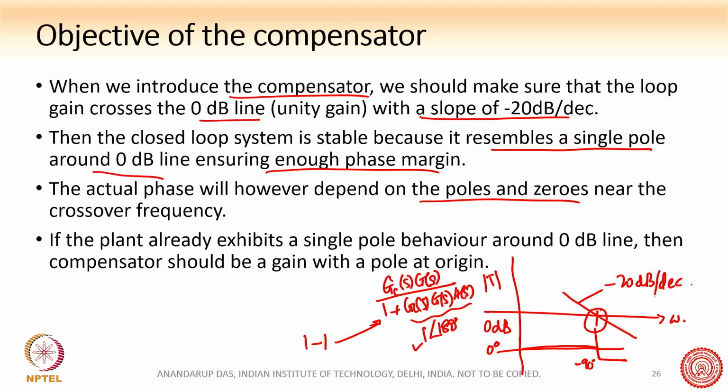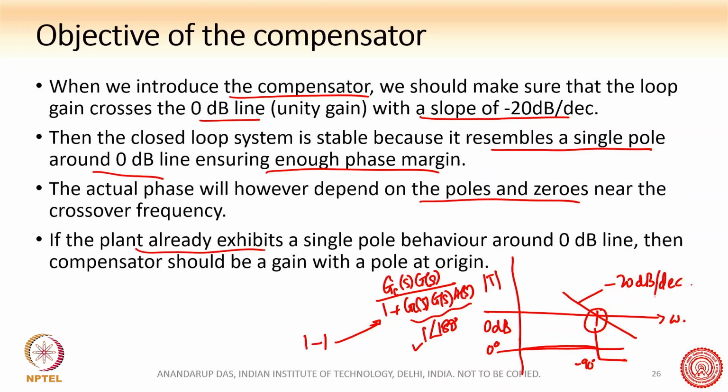You may be like minus 120 degree or minus 130 degree, but you have enough margin from the minus 180 degree line, like 50-60 degrees, right? So that is a good thing, okay? So we should try to make sure that the loop gain crosses the 0 dB line with a slope of minus 20 dB per decade. We'll see this one, okay?